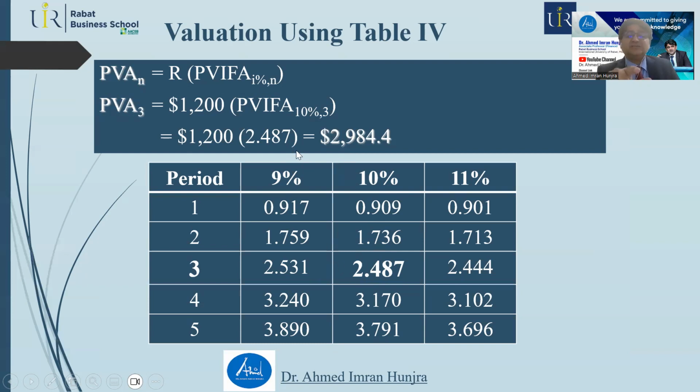So you need to look at the present value interest factor of annuity, which is table number 4. So 10%, 3 years, 2.487. So we can find the value, and it's giving us 2984.44.